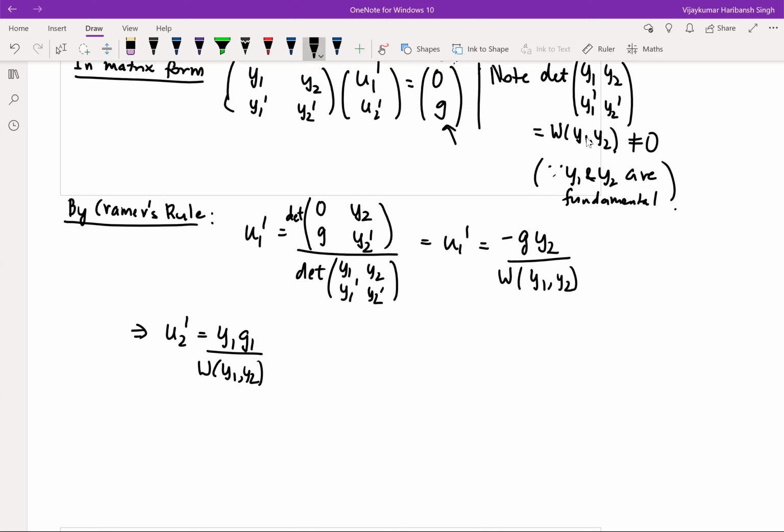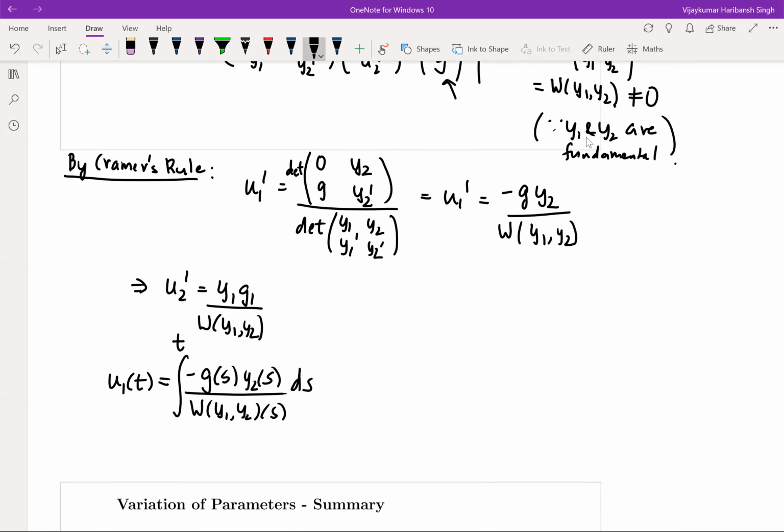So now if we integrate, you will get u1 of t to be the integral of minus g of s, y2 of s, divided by the Wronskian of y1 and y2 at s, ds, and then once you integrate, you substitute t in there.